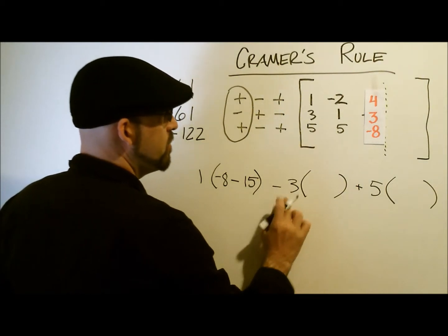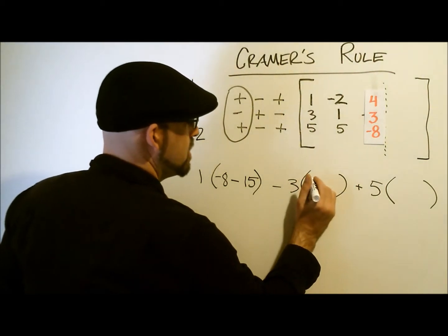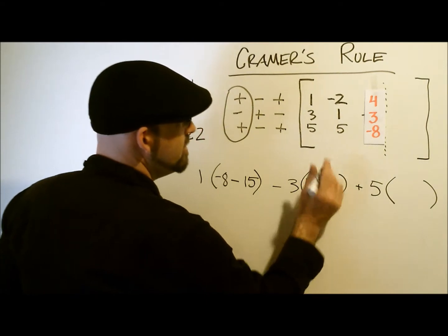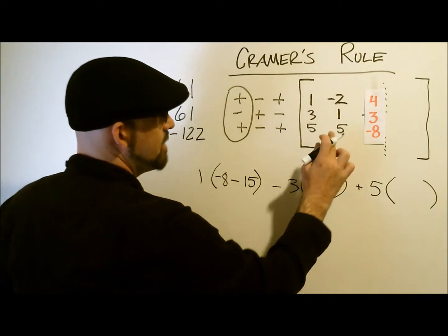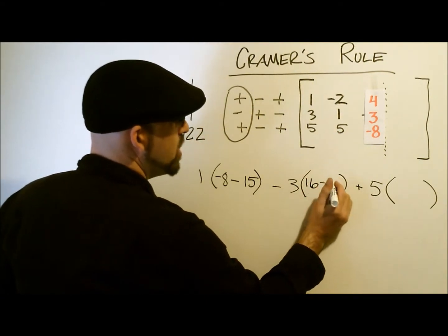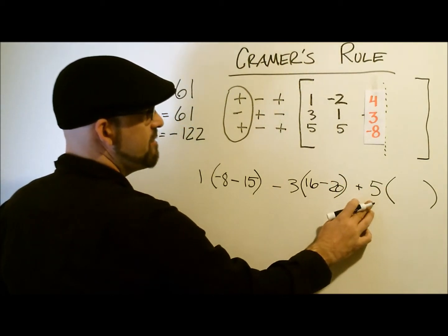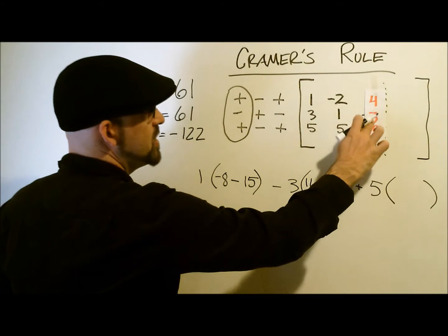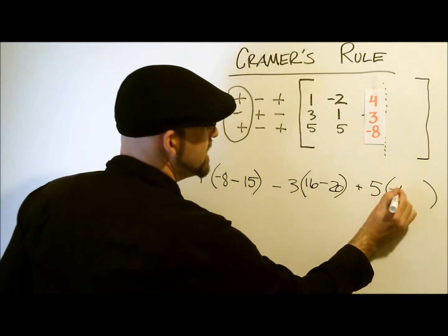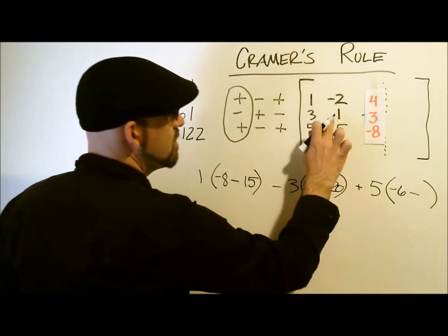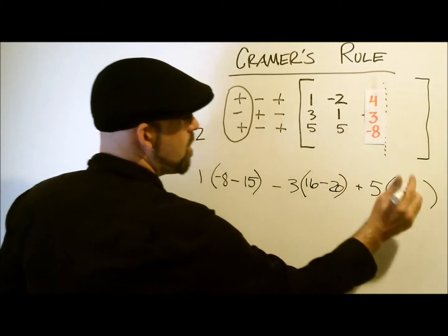For the 3, we have positive 16 times minus 20. And for 5, we have a negative 2 times 3, negative 6, minus 4.